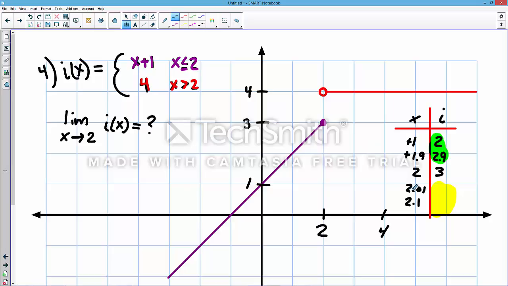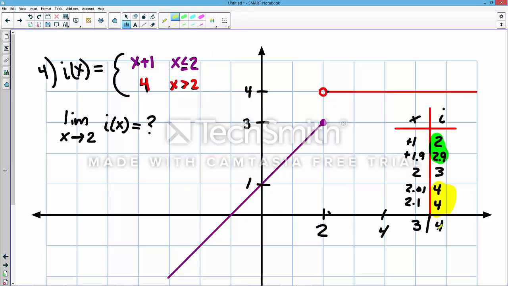Okay, so we put 2.01, which is somewhere right about there. And what is the y value? Well, according to this, when x is greater than 2, the y value is 4. At 2.1, somewhere around here, right? The y value is also 4. If we were to keep going, even to 3, the y value is 4, etc., right?